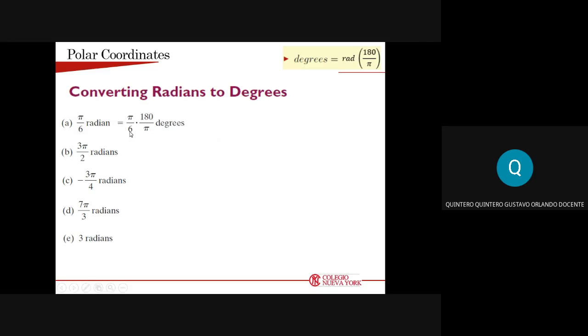So how much is that? This is 30. We know how to divide 180 by 6. Then we put the degrees, the little circle on the corner of the number. Here it will be 30 degrees, just like that.